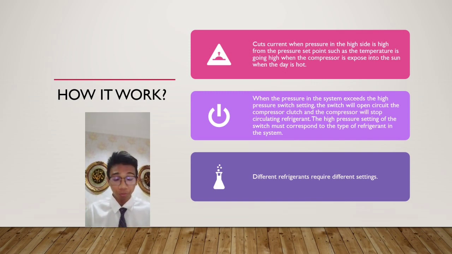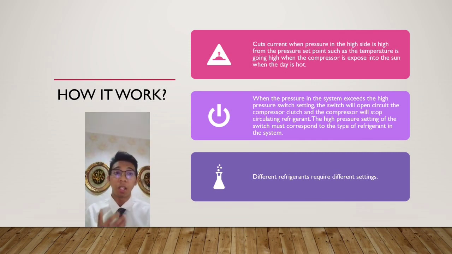Firstly, we have to know how high pressure can happen in the compressor. In the compressor, high pressure can happen when the compressor is in a high temperature condition, maybe because it is exposed to the sun when the day is hot. So the function of the high pressure switch is to cut current when pressure is high.